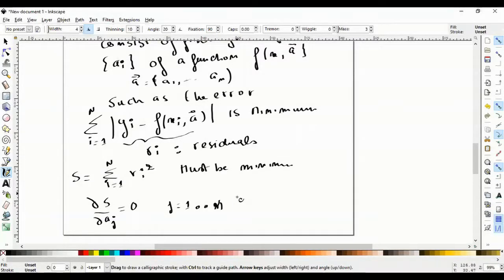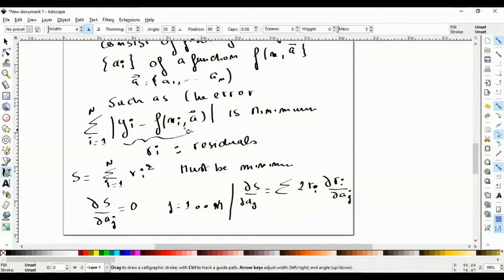Basically, you have to derive this. So ds over daj is equal to the sum of 2 ri times dri over daj.